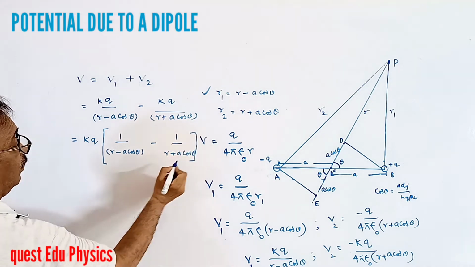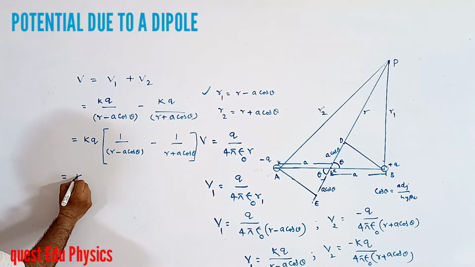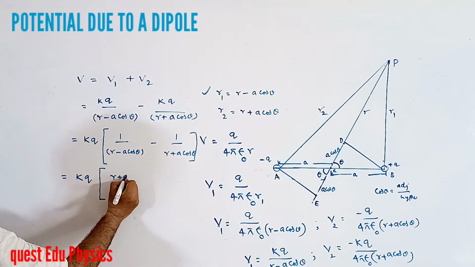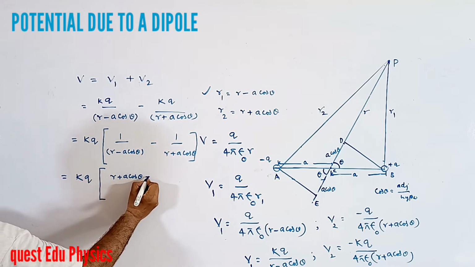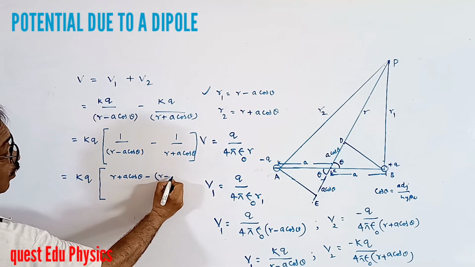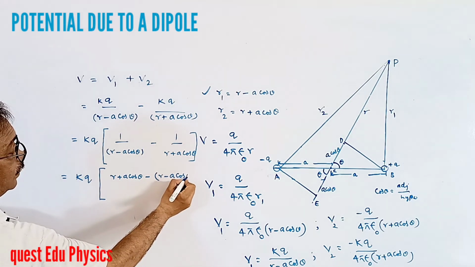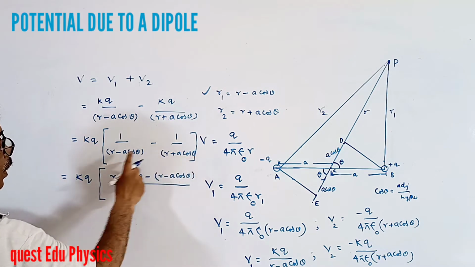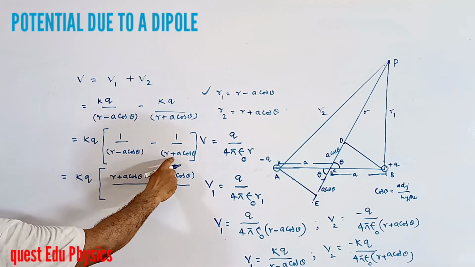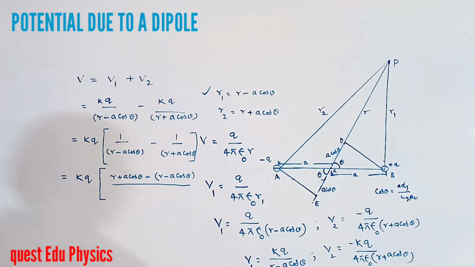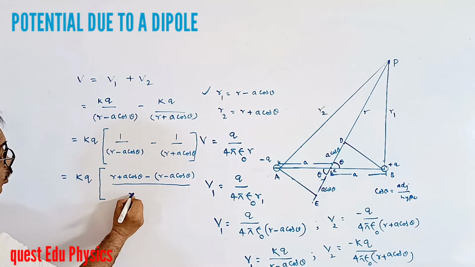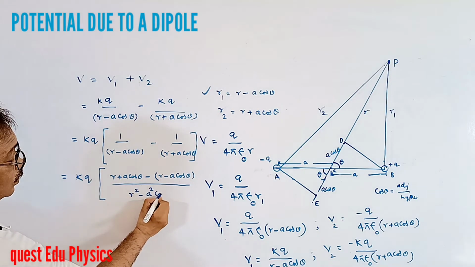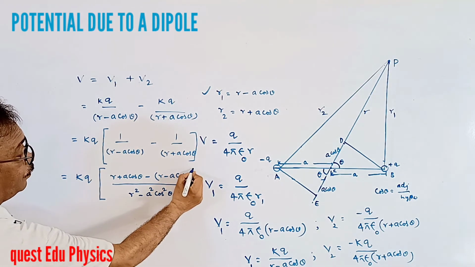Further it can be written as KQ of R plus A cos theta minus of R minus A cos theta by R minus A cos theta times R plus A cos theta. It is in the form of A squared minus B squared, so the denominator is R squared minus A squared cos squared theta.